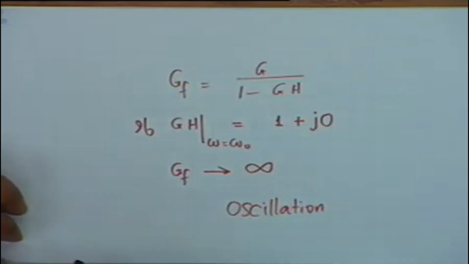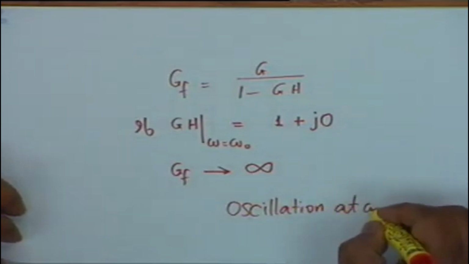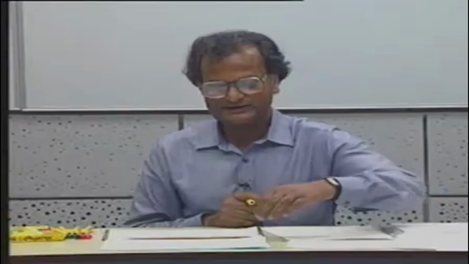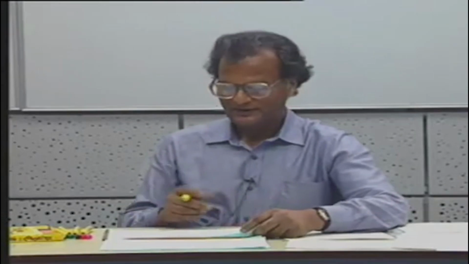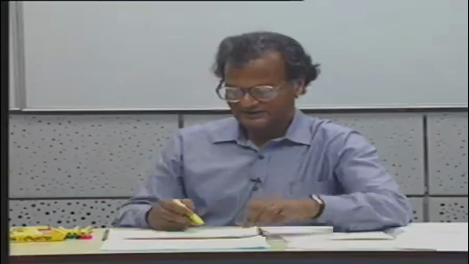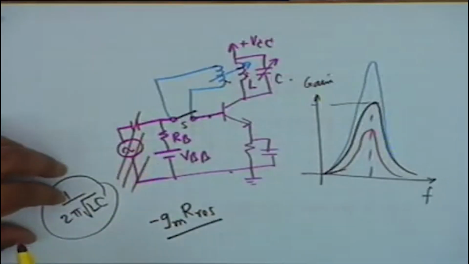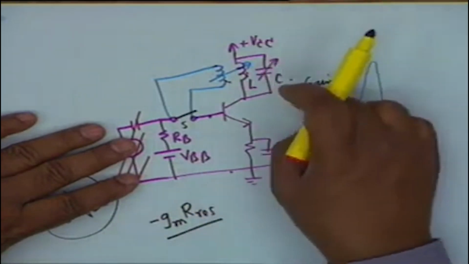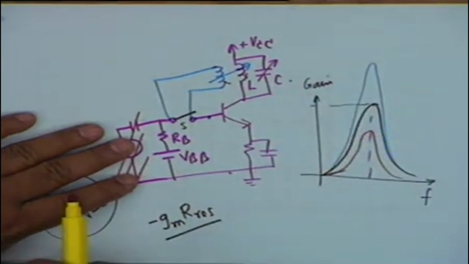The circuit then oscillates at omega equal to omega 0, at this particular frequency, and this is how one makes oscillators. For example, in the previous circuit, if feedback is enough, then this circuit shall oscillate. In other words, you shall not require this Vi, this source shall not be required. If you couple an oscilloscope from here, you shall see pure sine waves on the oscilloscope.